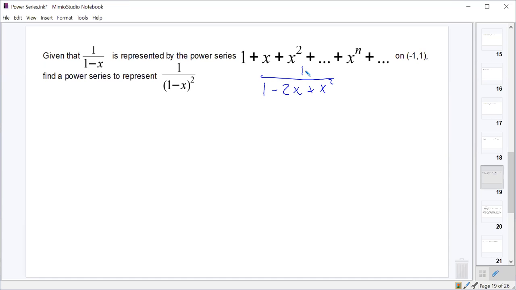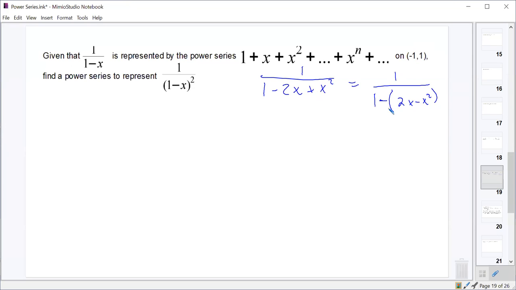We could try to rewrite it as 1 minus the function 2x minus x squared, right? Yeah, it would have to be a minus, Aiden. So we could write it like this: 1 over 1 minus 2x minus x squared.